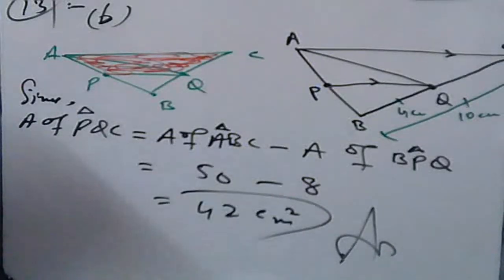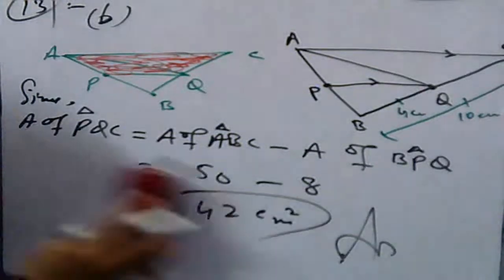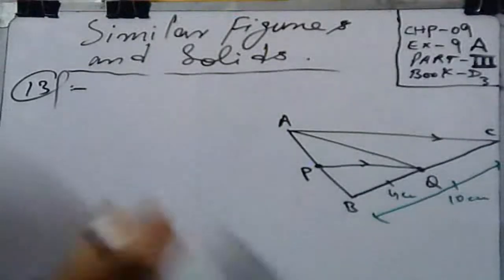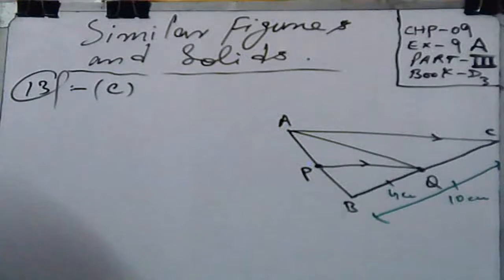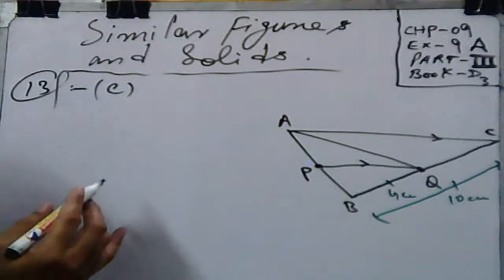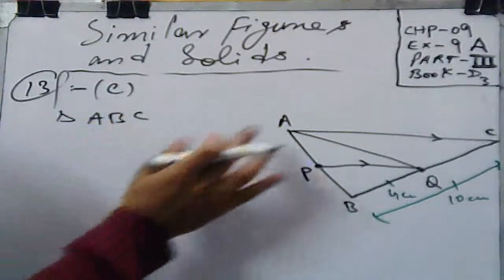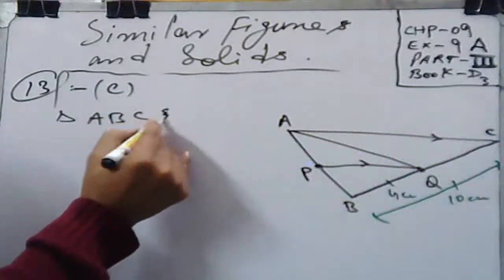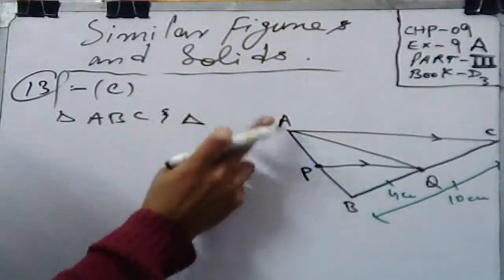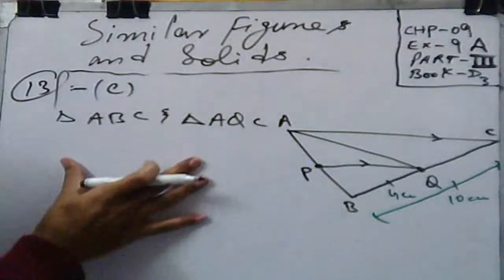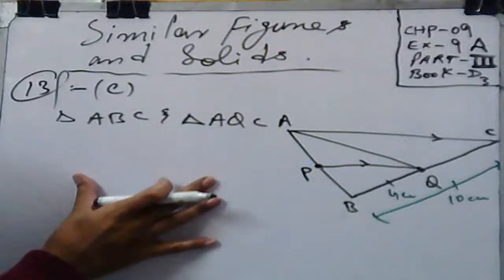Now coming to the C part of the same question. In C part we have to find the area of AQC. So we have two triangles: triangle ABC, the full figure, and triangle AQC. We have to take the two triangles and use the similarity properties.